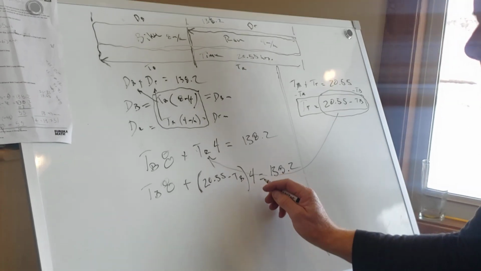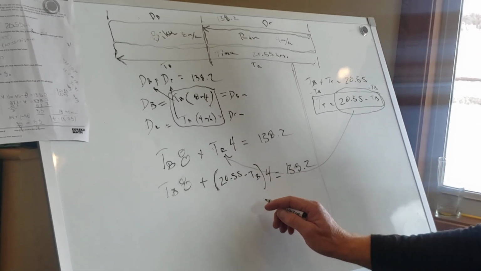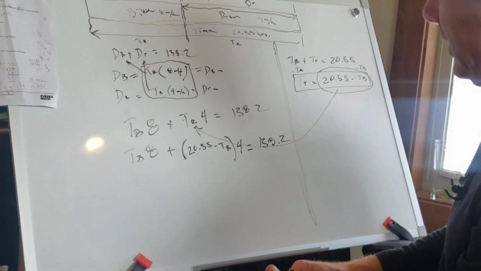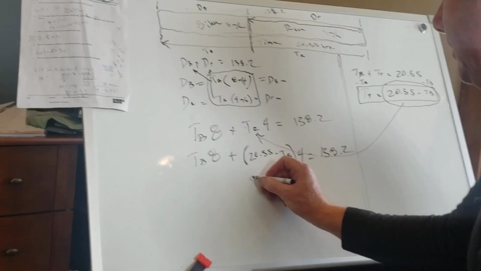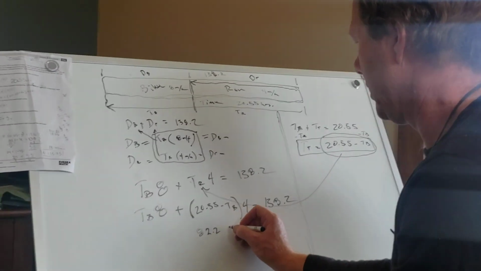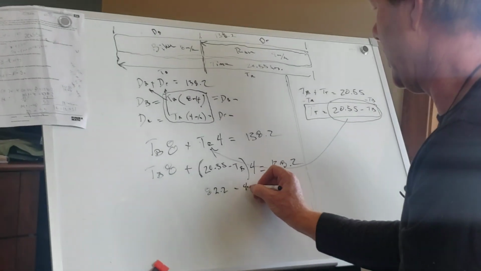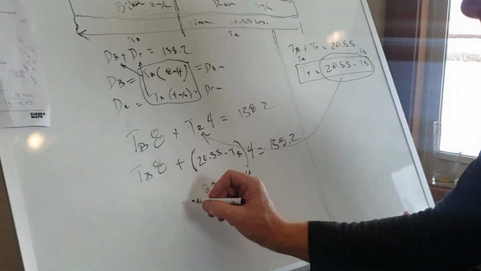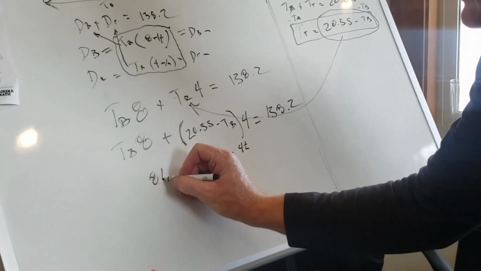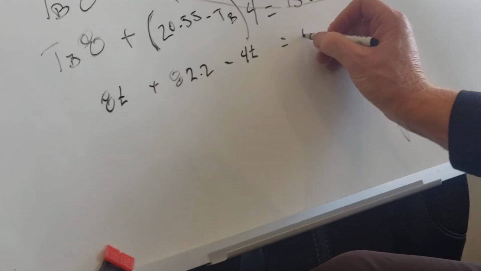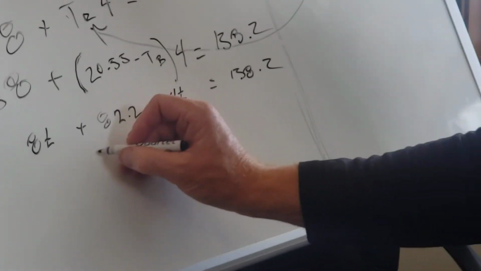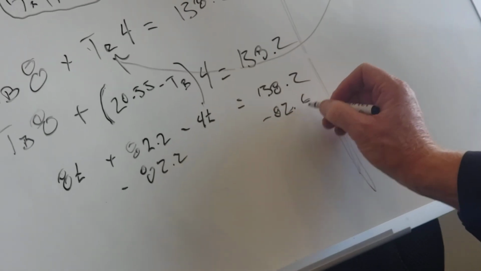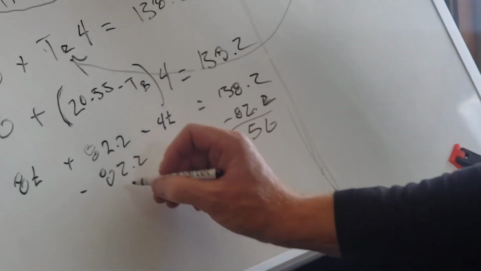So what was 4 times 20.55? 82.2. So this is 82.2 minus 4t, and we're moving this back to just the simple t, so 8t equals 138.2 minus 82.2, which is 56.